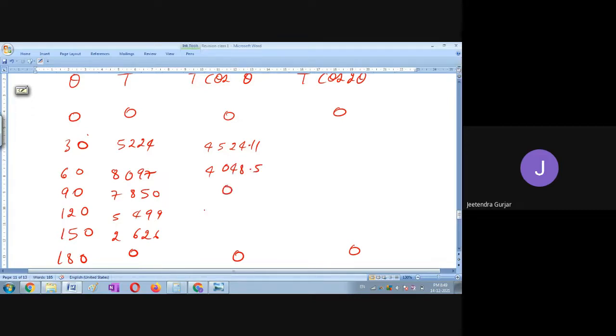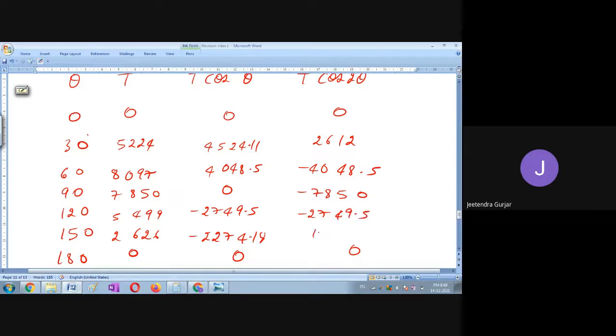It is 0. Next one it is minus 2749.5, minus 2274.18. Next, similarly, this is 2612, minus 4048.5. You have to do it in calculator very quickly. Minus 7850. Next is minus 2749.5. And next one is 1313. Easily you have to do it.